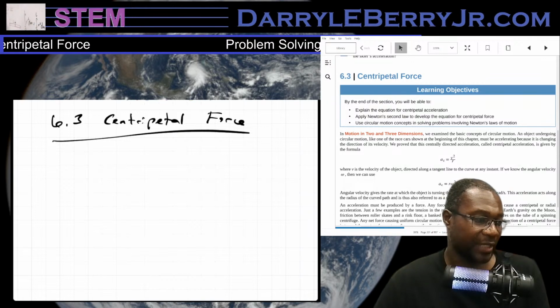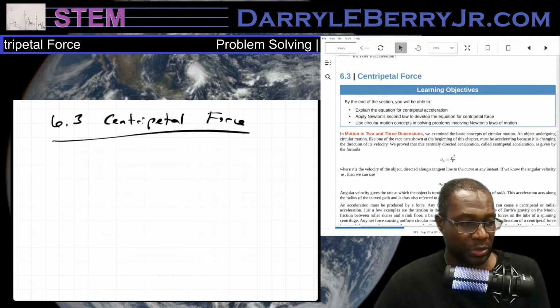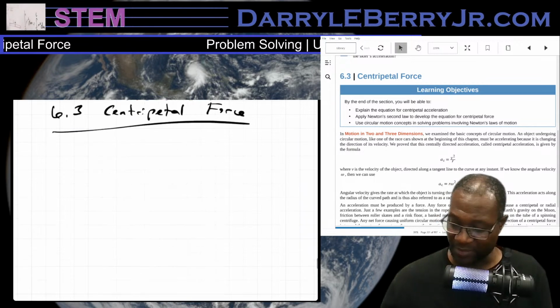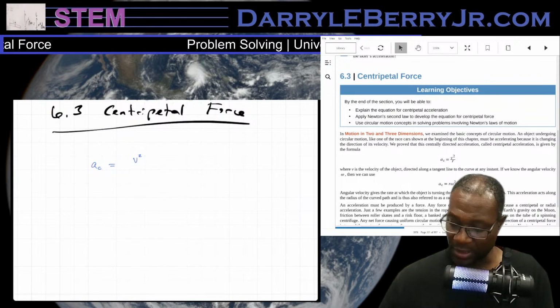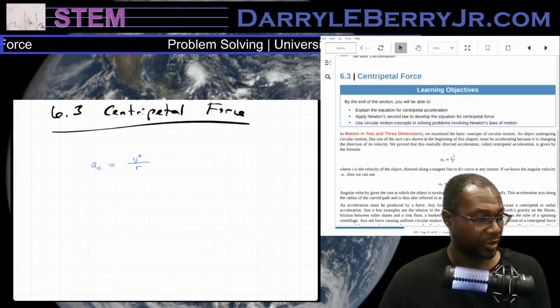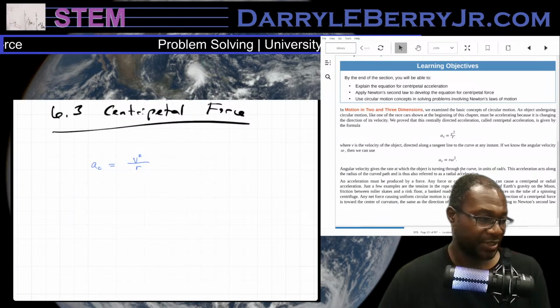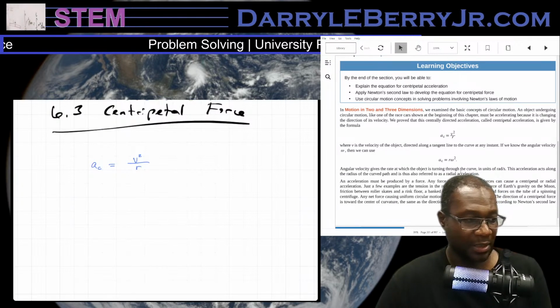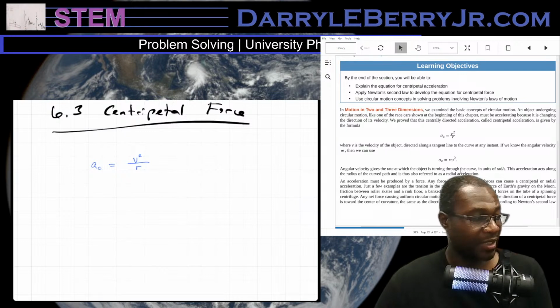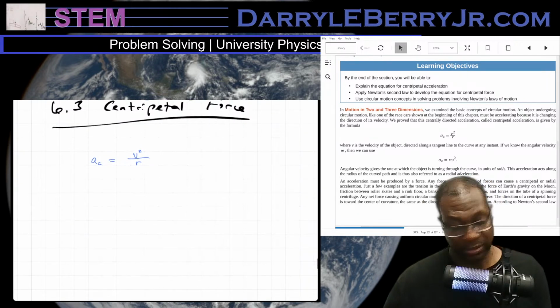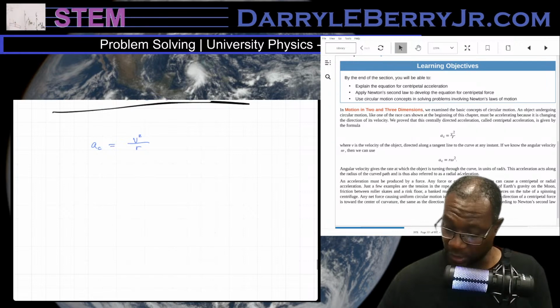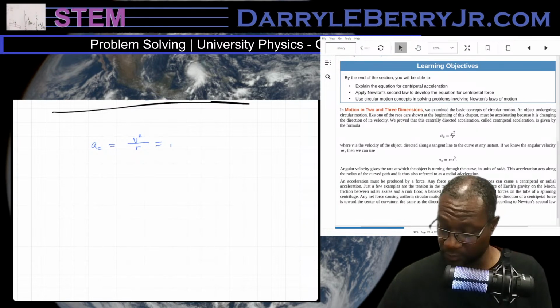We proved that this centrally directed acceleration, called centripetal acceleration, is given by the formula: centripetal acceleration equals the tangential velocity squared over the radius, where v is the velocity of the object directed along the tangent line to the curve at any instant. If we know the angular velocity, omega, then we can use, that's interesting, that's on the formula sheet as well.